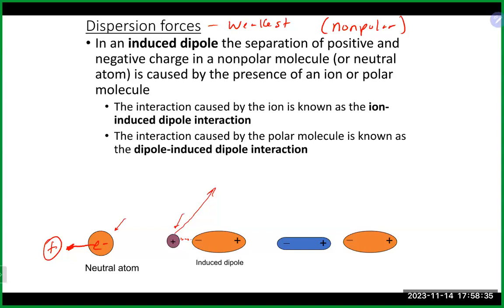The same thing would happen if you took a polar molecule and rolled it up against a nonpolar molecule. Again, you will get that induced dipole in the nonpolar molecule and a temporary way for it to interact. So it goes back to what we were just talking about. You can mix oil and vinegar salad dressing, and it will stay mixed for a bit.